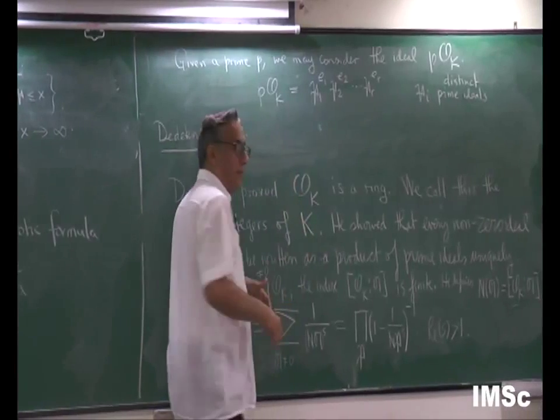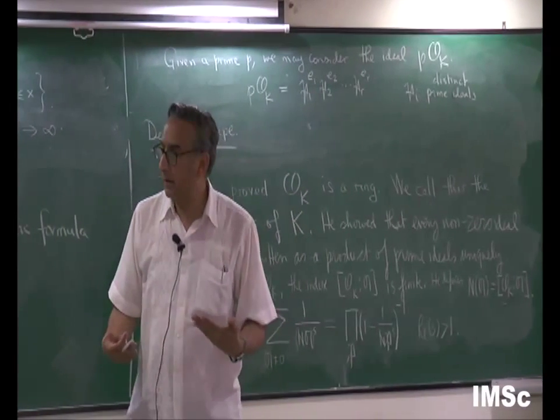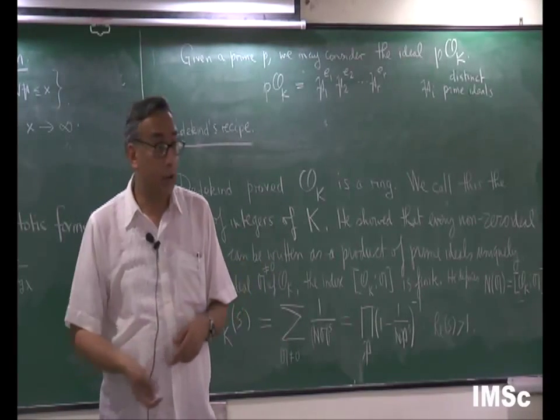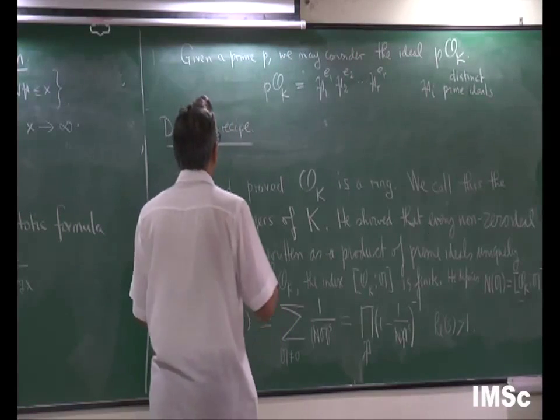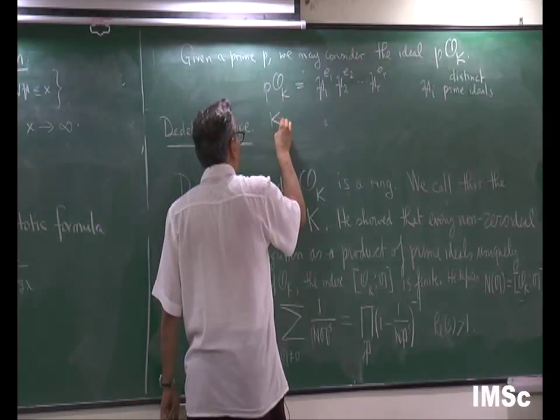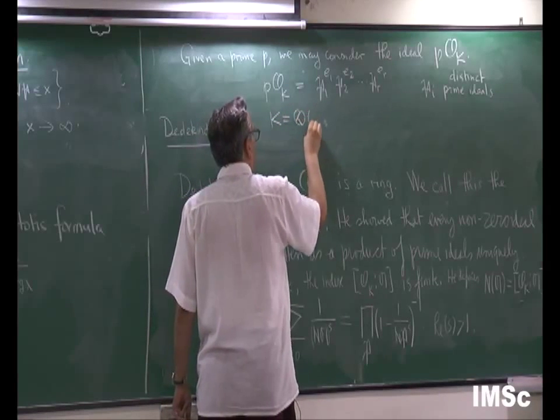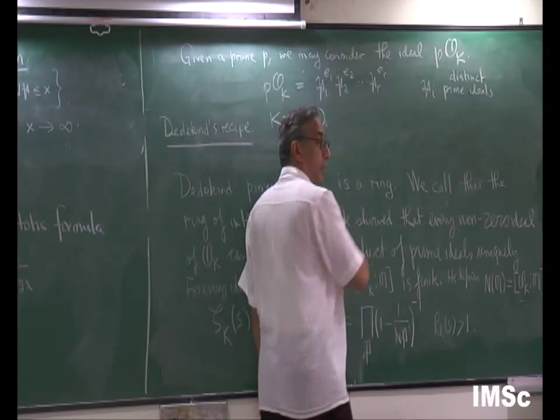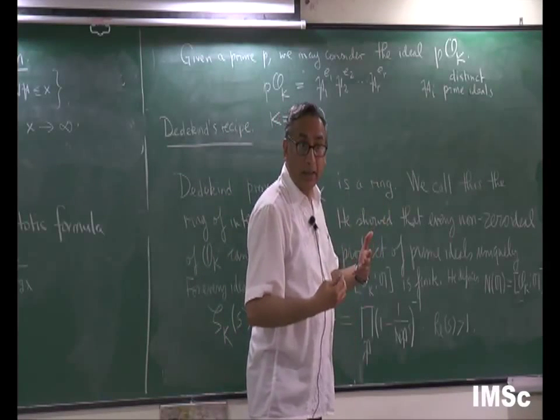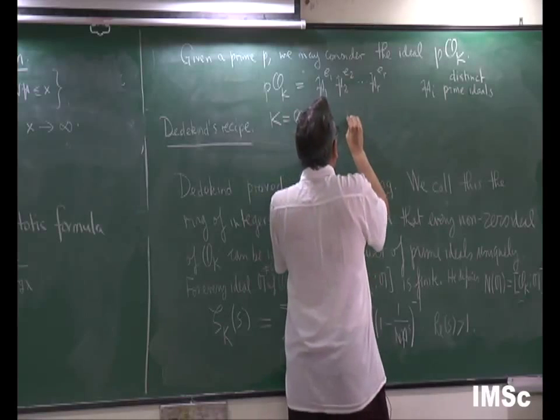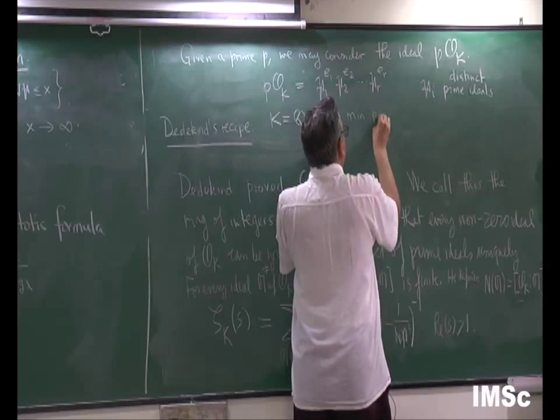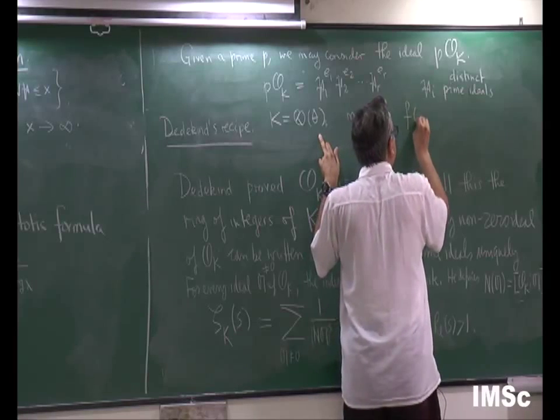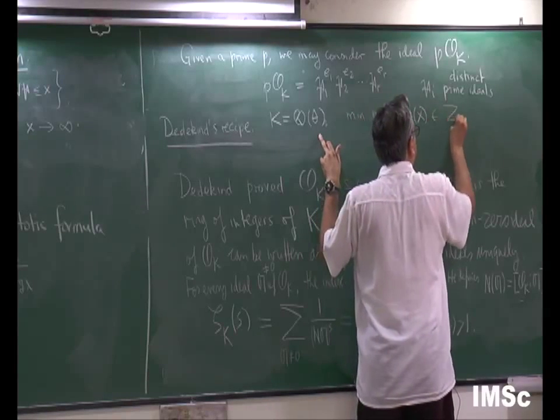Now every number field, by the theorem of the primitive element, can be written as Q(θ) for some θ, where θ is some algebraic number, an algebraic integer actually, with minimal polynomial, let's say, f(x) with integer coefficients.